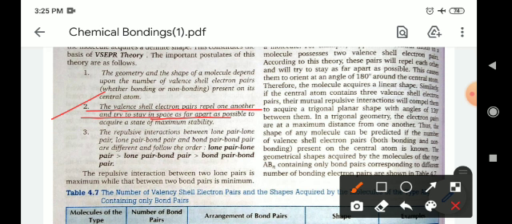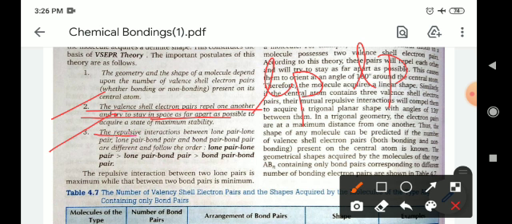As we know, bond pairs and lone pairs create repulsion between them. So in a molecule these bond pairs and lone pairs repel each other and exist at a maximum distance from each other to minimize their repulsion.